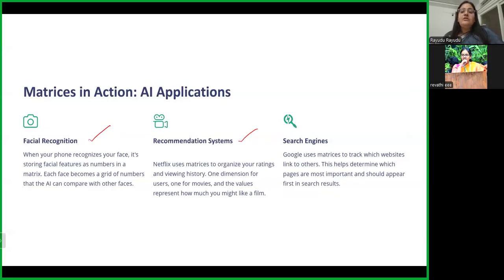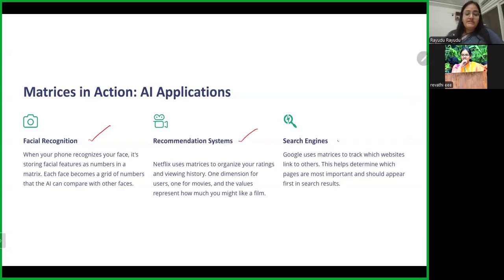Later, when you log in to the Netflix app or YouTube, it will predict what kind of movies you can watch, according to your taste and interest. This is how recommendation systems use matrices to give suggestions to users.